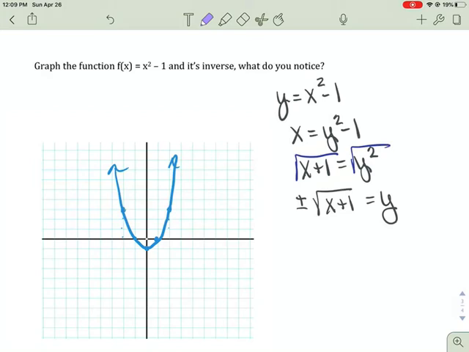Best way to do this, I'm sorry, is to switch the ordered pairs. So instead of being at 0, 1, it would be at 1, 0. Instead of being at 1, 0, it would be at 0 over 1 up 0. It would be over 0 down 1.